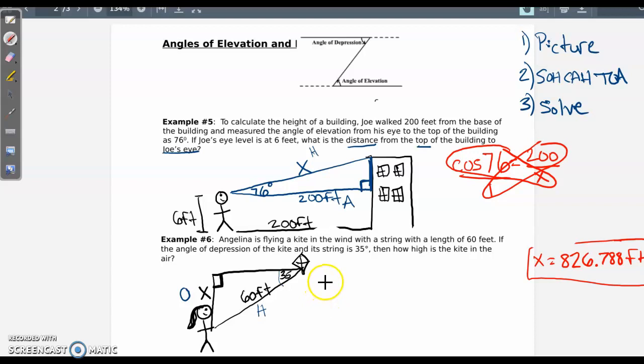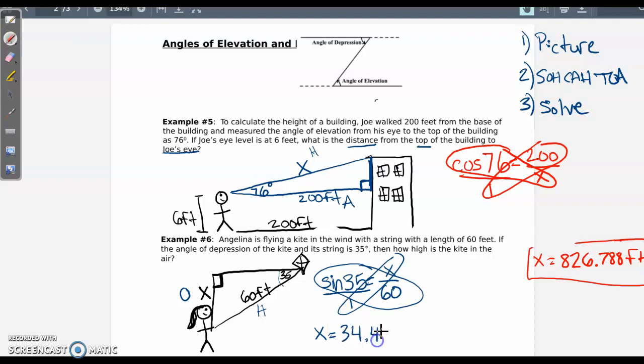So that is going to be sine 35 equals opposite over hypotenuse, setting up a proportion to cross multiply and solve. 1 times x is x, and then 60 times sine 35 is about 34.415 feet. That's how high the kite is above the ground.